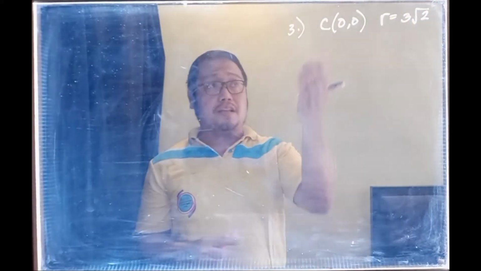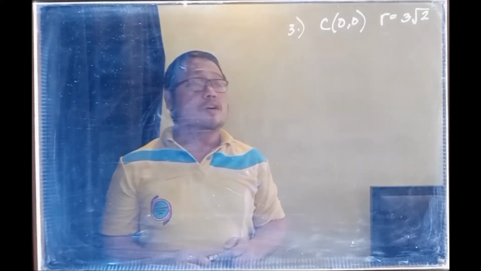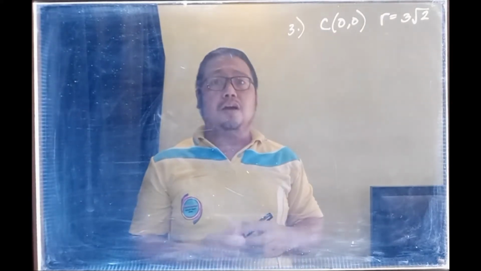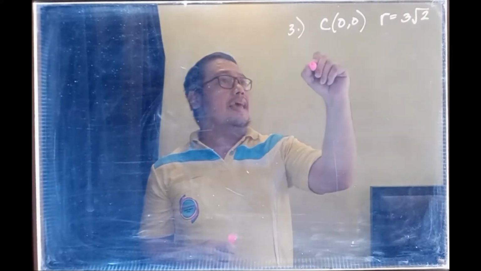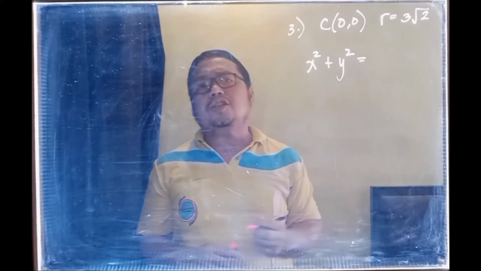That's easy. How about the third example? Can you find the equation of the circle? Given the center of the circle is at (0, 0), and the radius is 3 root 2 units. Since its center is at the origin, we know that it is x squared plus y squared. How about the r squared here?